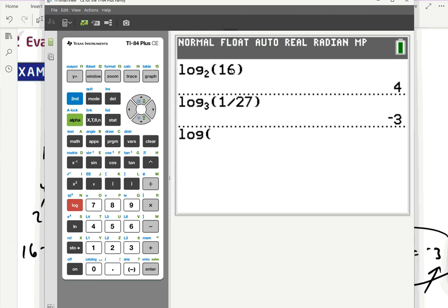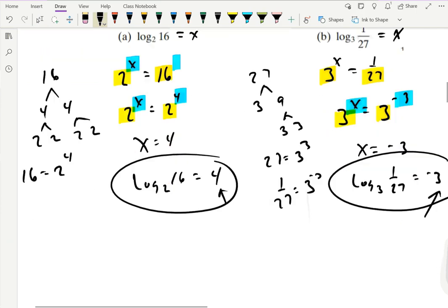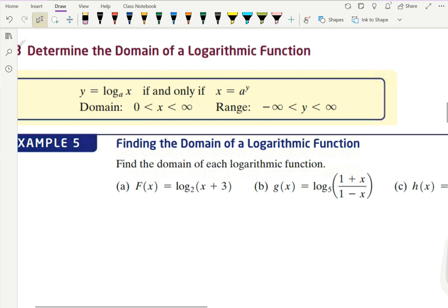If I want to do log of 16 with base 2, I'm going to do the log of 16 first, close that off, and then divide by log of 2, close that off, and we still end up with 4. So 1, 2, 3 different ways at least that we could figure out the logarithms on our calculator if we're trying to figure out just a numeric value. So I wanted to show you that you had access to that.